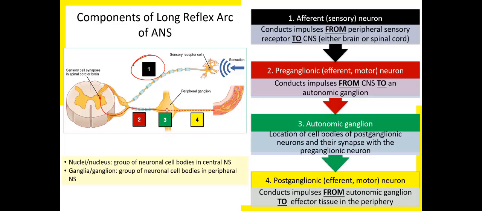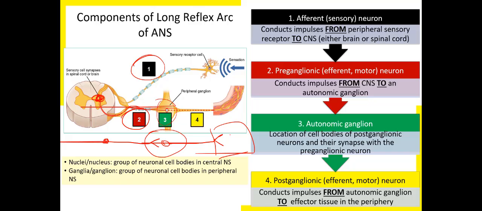And then once the central nervous system decides on an action, it sends it firstly to the preganglionic neuron, the neuron before the ganglion, which is over here. That synapses in the ganglion, and this ganglion only contains neurons that are involved in the autonomic nervous system. You've got the cell body over here, which projects to the ganglion, the cell body of the postganglionic neuron, which projects to the target effector cell.